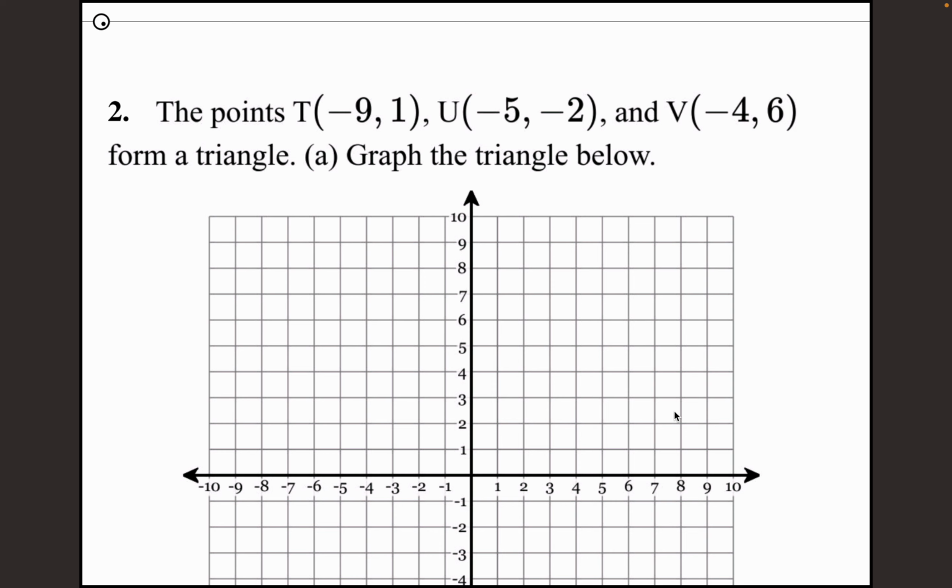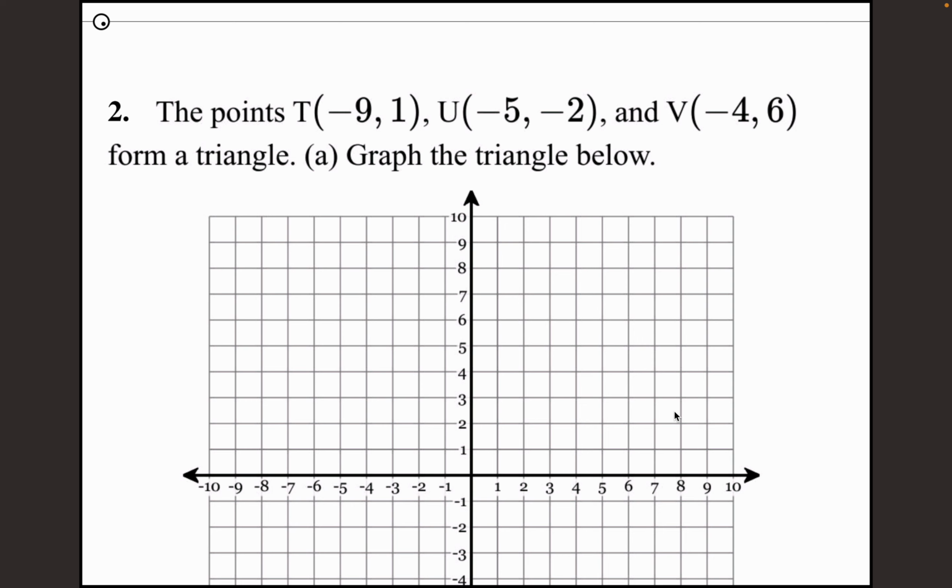Go ahead and do this for me, Caleb. Where's your paper? Pencil?